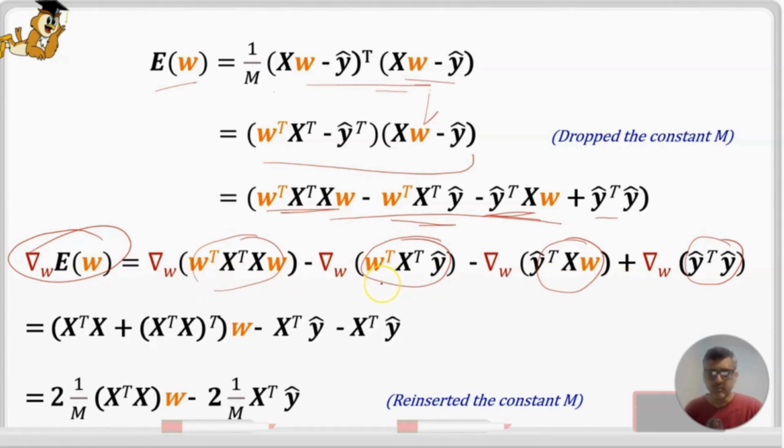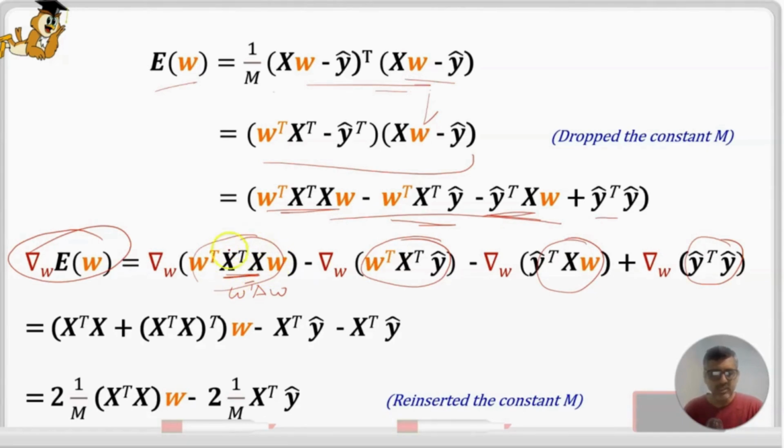Okay. Now we use the identities that we talked about on the previous slide, right? So gradient of w transpose x transpose x w. Here you use the identity for gradient of w transpose A w, identity number 5. And here A is x transpose x, and x transpose x is always a square matrix, right?